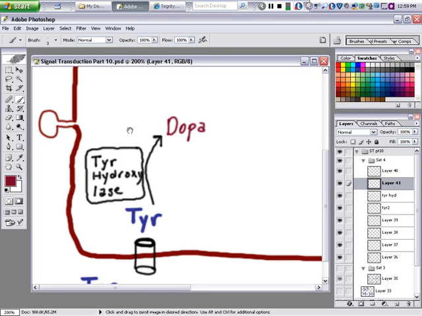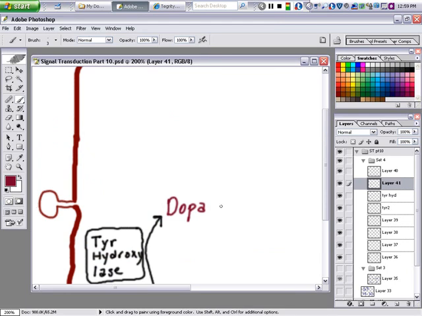We're not there yet. So the next thing that's going to have to happen, another enzyme is going to come in. Okay, another enzyme is going to come in. Let's get a good color here.